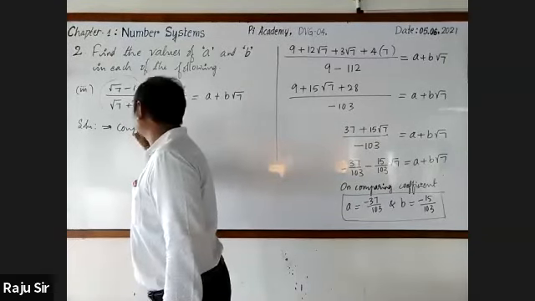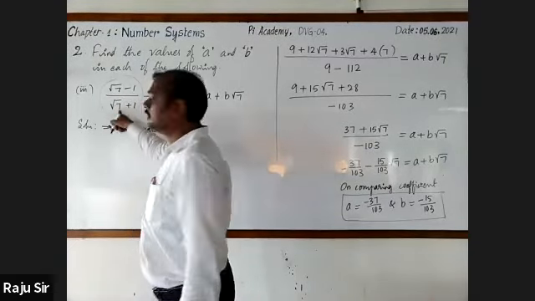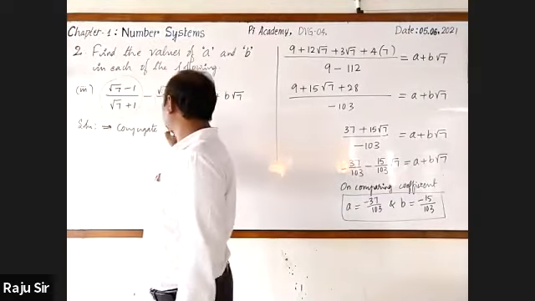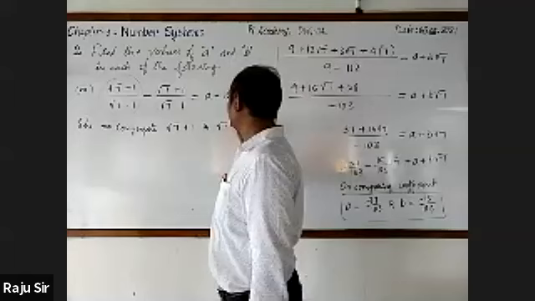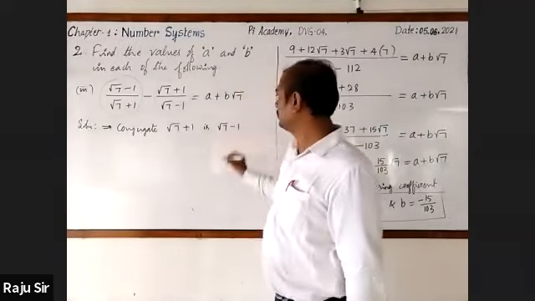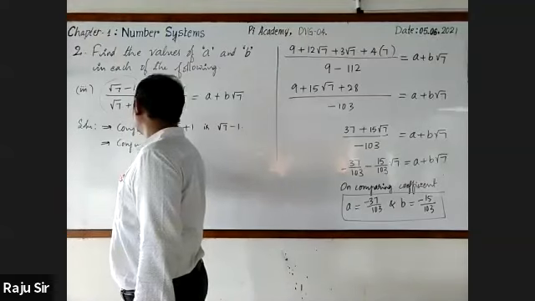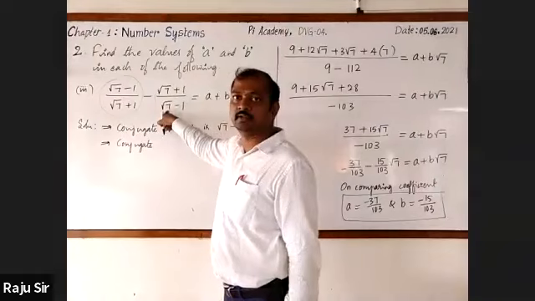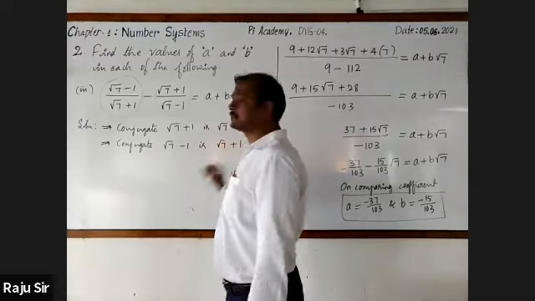Conjugate of the first denominator, root 7 plus 1, is root 7 minus 1. Minus. For the second one also, the conjugate of the second denominator, root 7 minus 1, is root 7 plus 1.